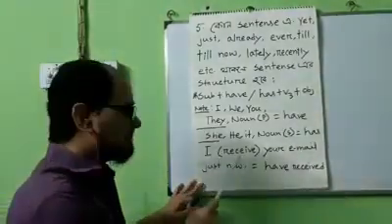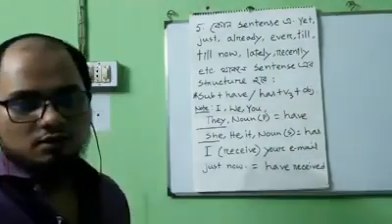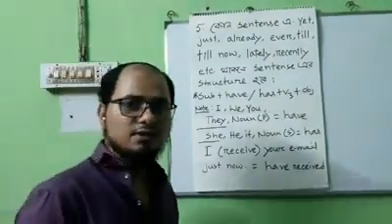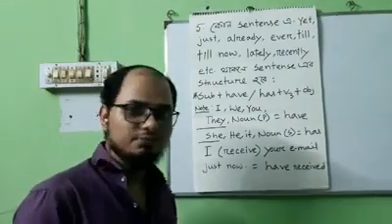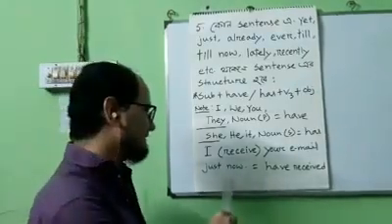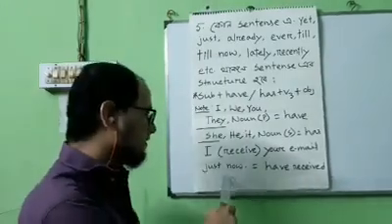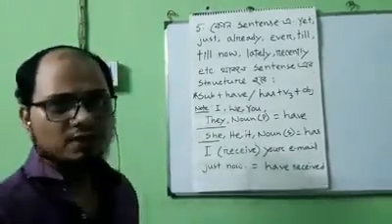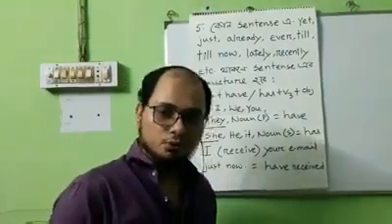I received your email just now. After reading the example, we have seen that there is a phrase at the end of the sentence, just now. And for the presence of just now, the sentence structure will be present perfect tense according to the rule.